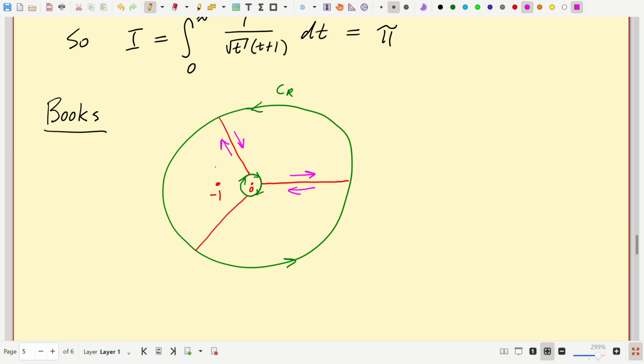Then I'll go this way and this way. There, I think I'm almost done. Those are all counterclockwise now. And so here's what I'm going to do. I want my theta to be going to 0 from this side, and I want my theta to be going to 2 pi from this side.